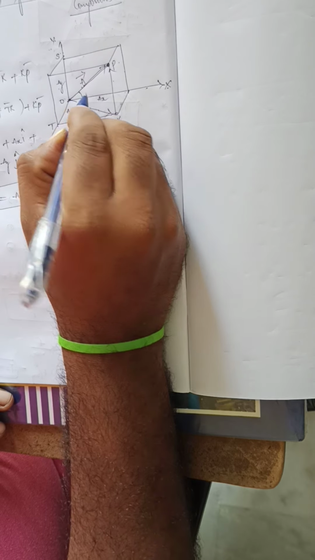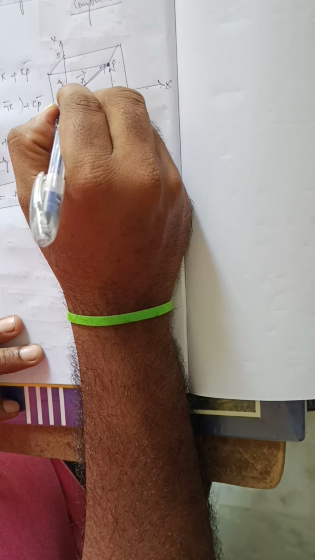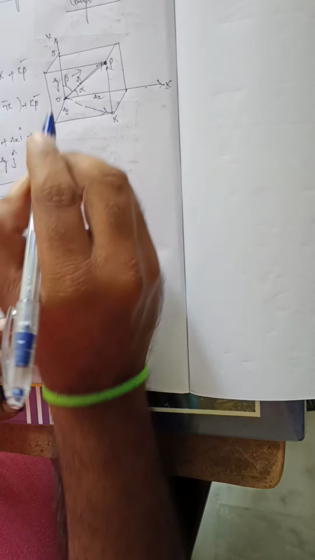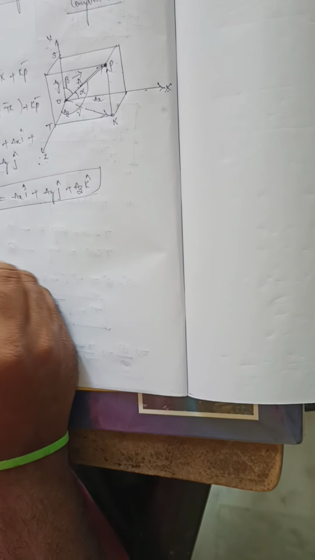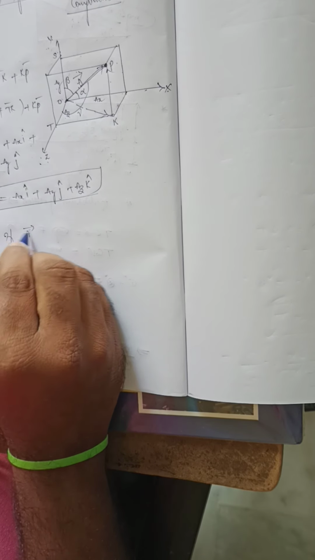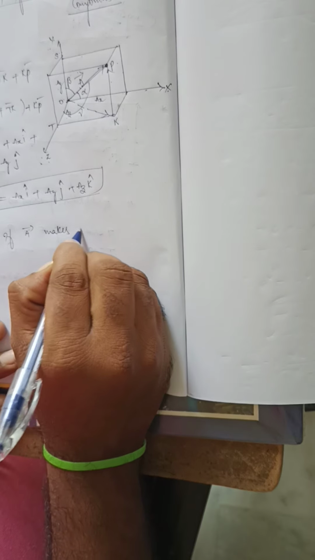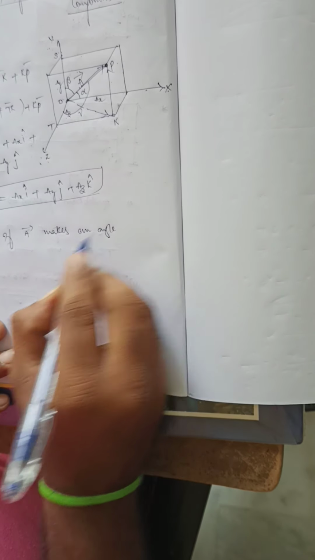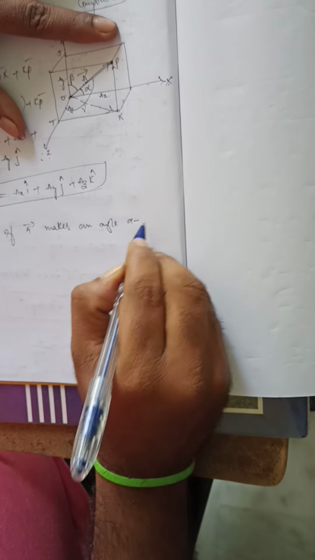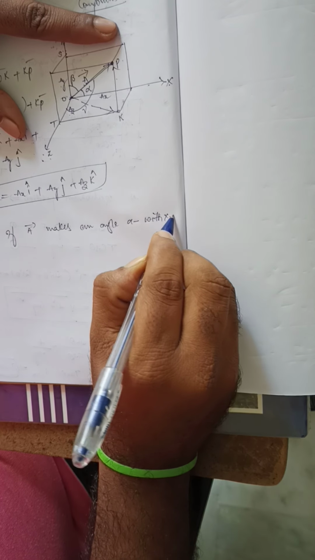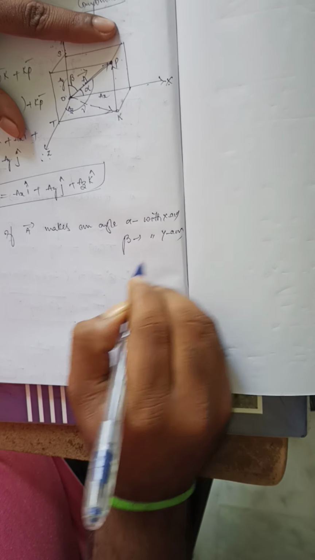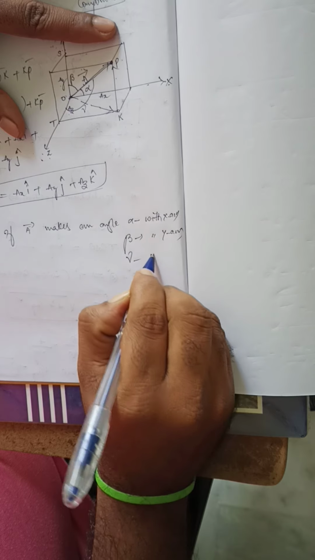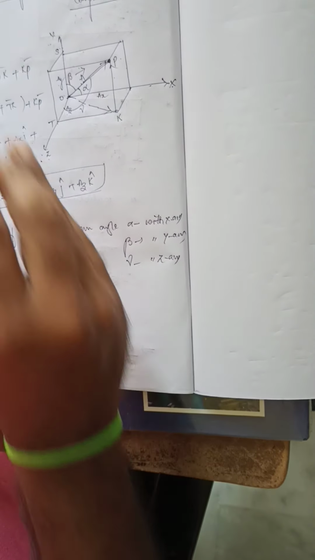Now let us assume this a bar vector makes an angle alpha with the x-axis, beta with the y-axis, and gamma with the z-axis.